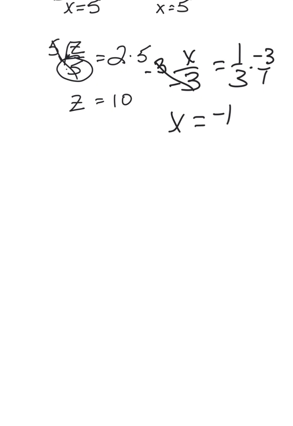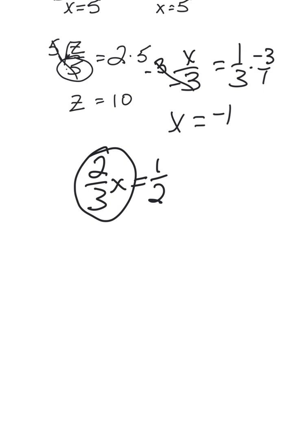Sometimes we'll have fractions like 2/3 x equals 1/2. Now I need to get rid of this 2/3 in front of this x. What I've done up here is I've divided by the number. So 5 divided by 5 gives me 1. So I'd have to take 2/3 divided by 2/3.